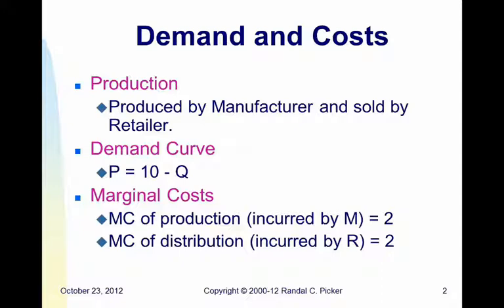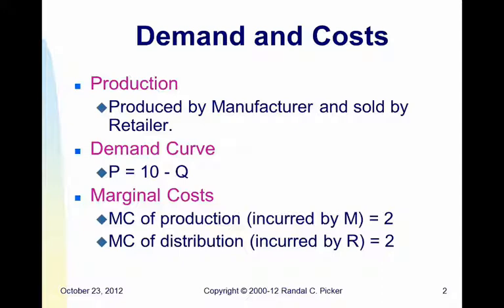So I thought I would talk through this in a whiteboard format for those of you who actually want to look through the analysis. So here's what we're going to do. We want to examine how an integrated monopolist, someone who's got monopoly power at the manufacturing level and also monopoly power at the retail level, how the behavior of that monopolist compares to a situation where we have vertically separated monopolies.